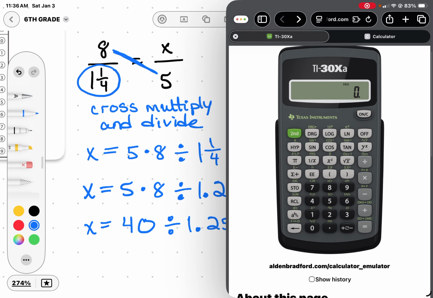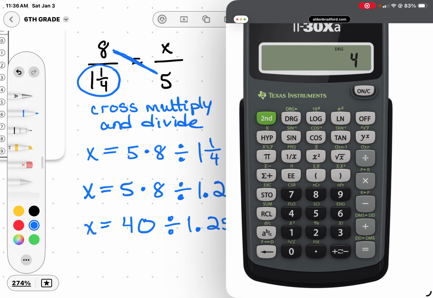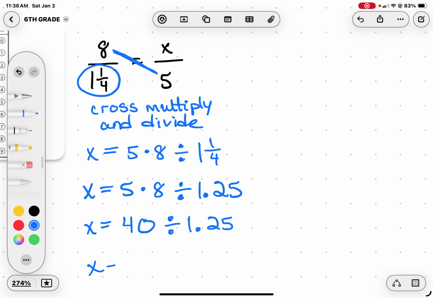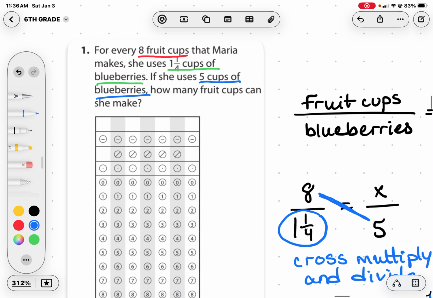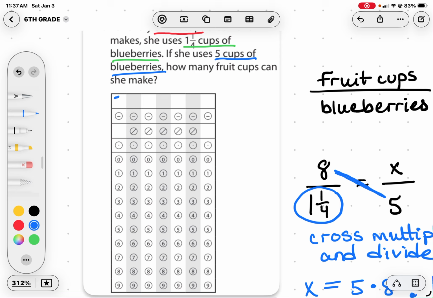So let's go ahead and do that. 40 divided by 1.25. So that gives us X equals 32. So that 32 represents the fruit cups, and that's what we would put right here, 32.